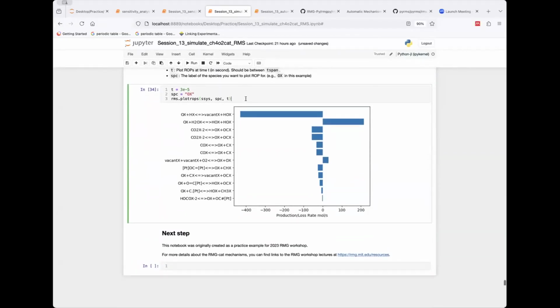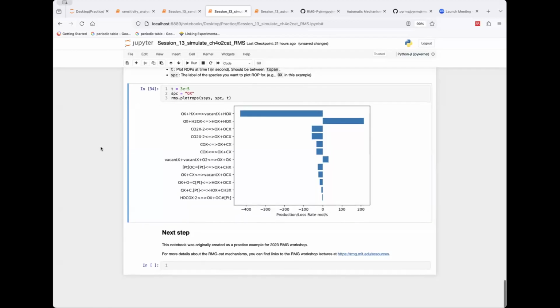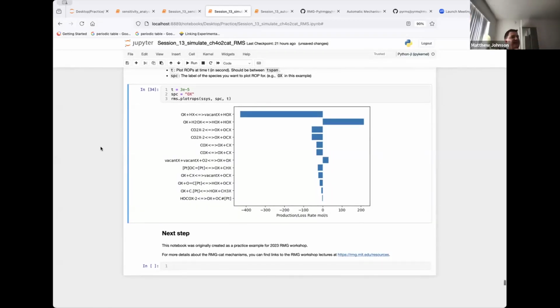Just curious, Matt, if you personally prefer for your workflow to use the Python interface, or do you primarily do your coding in Julia at this point? I primarily do it in Julia. What I would say is, I think we probably should do this.